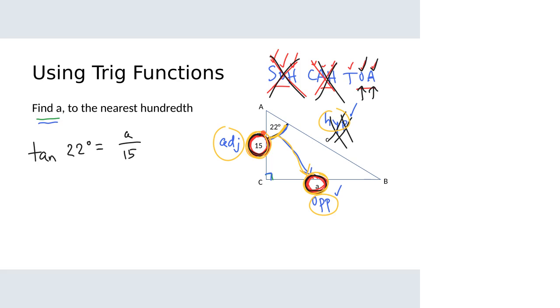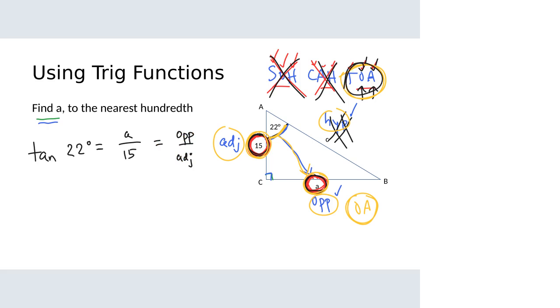I only care about two of the sides, the one I'm looking for and the one that I know. The one I'm looking for is opposite. The one that I know is adjacent. And so I look in SOHCAHTOA for this, and the only place I see it is here where tangent is. So we're going to use tangent. We know the tangent of an angle is opposite over adjacent. Well, how do you know that?